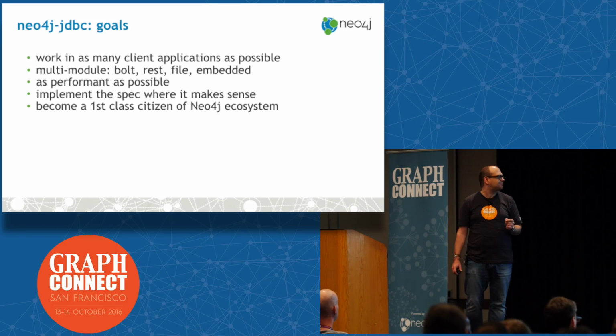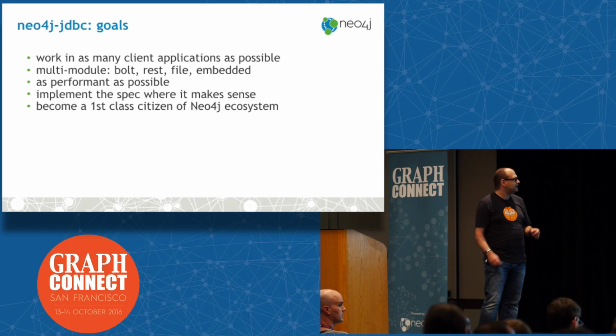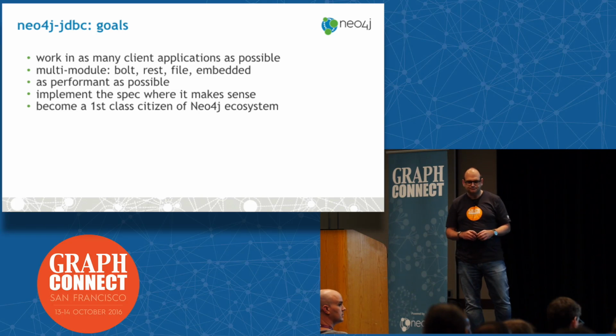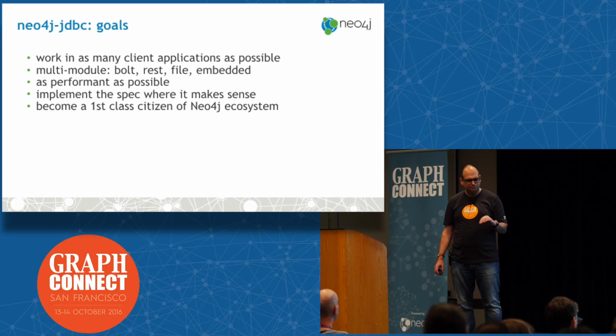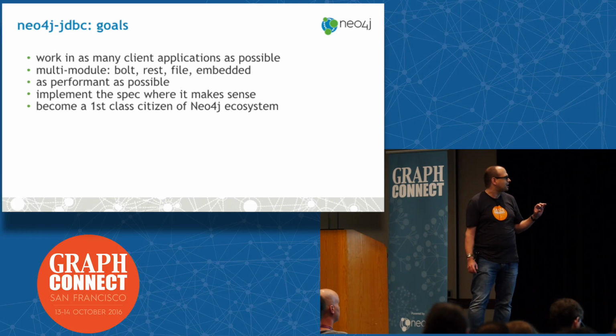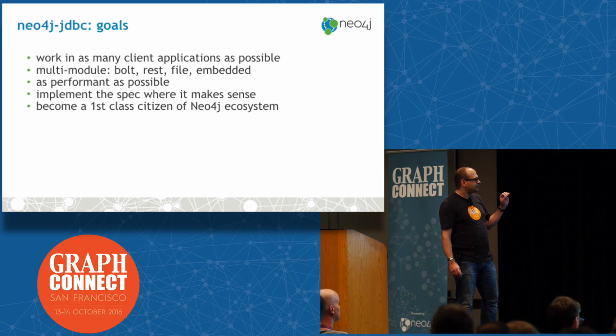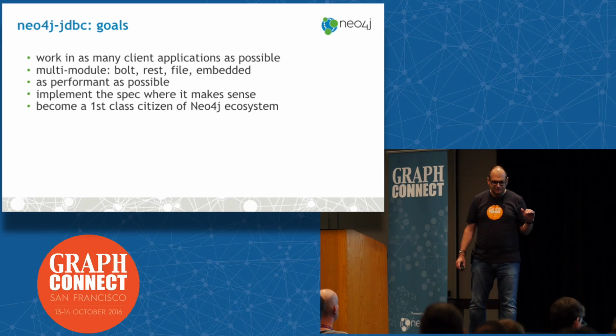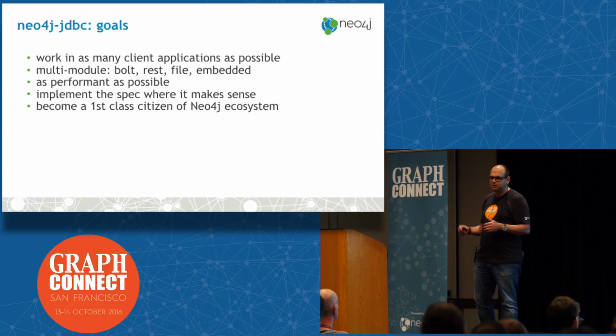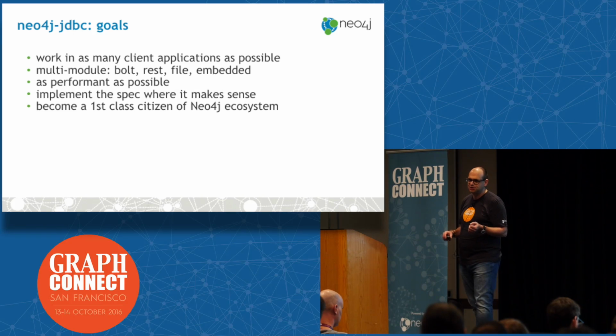That is something we want to support as well. Of course, it should be as performant as possible. We want to be on par performance-wise with the Bolt protocol, so that the overhead is almost close to zero. As I said, we implement the specification where it makes sense, and in the end the JDBC driver should become a first-class citizen of the Neo4j ecosystem.